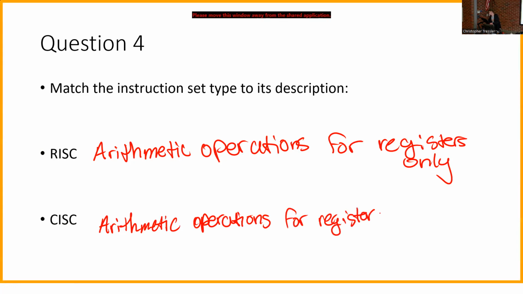And that is obviously why CISC would be more complicated, but take less time to do simple things, right? So once again, those are just basic definitions you might want to have in your mind.